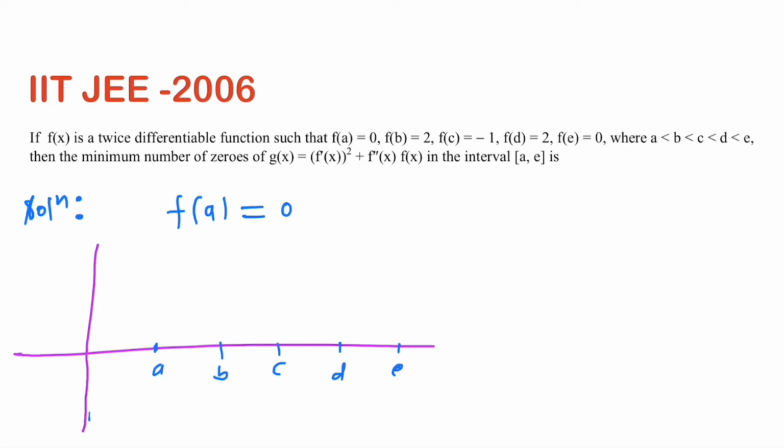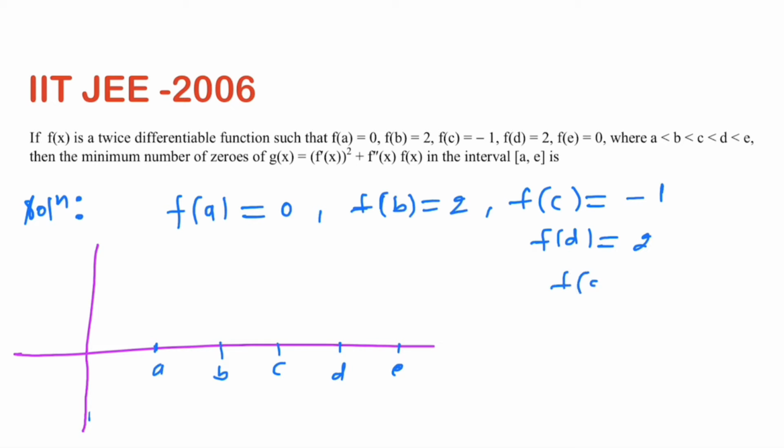It is given that f(a) = 0, f(b) = 2, f(c) = -1, the value at c is negative, and f(d) = 2, and f(e) = 0. It is given.